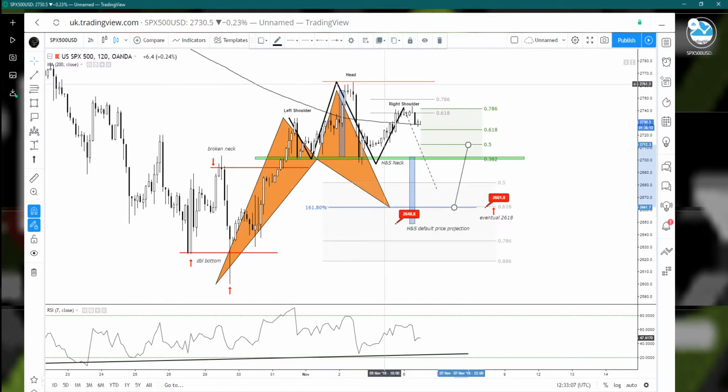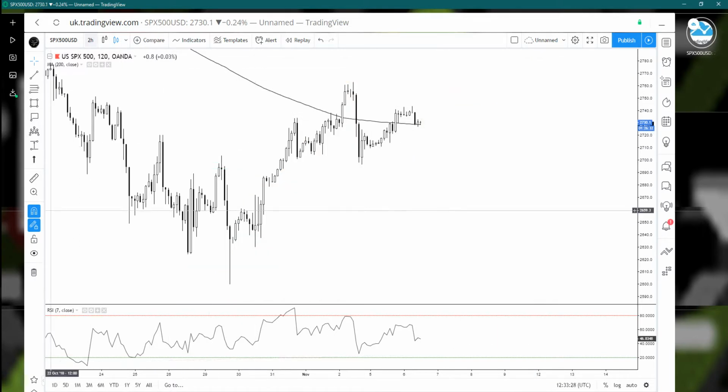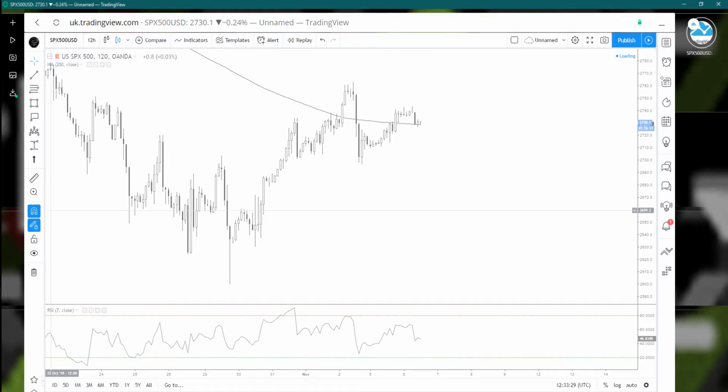So I need the breakout and the trend reversal behavior. And that said, I prefer to wait for this pullback to buy the market with confidence, with stops below these structure lows.